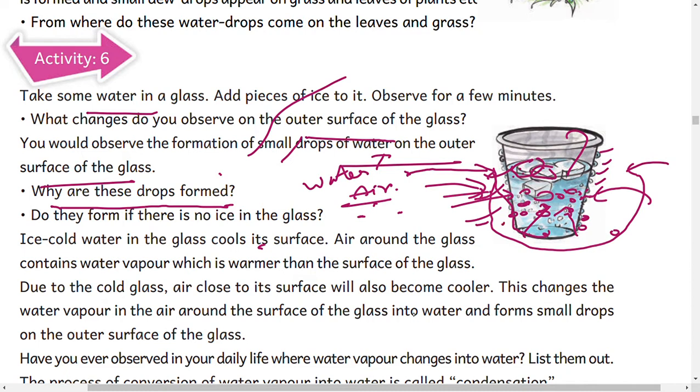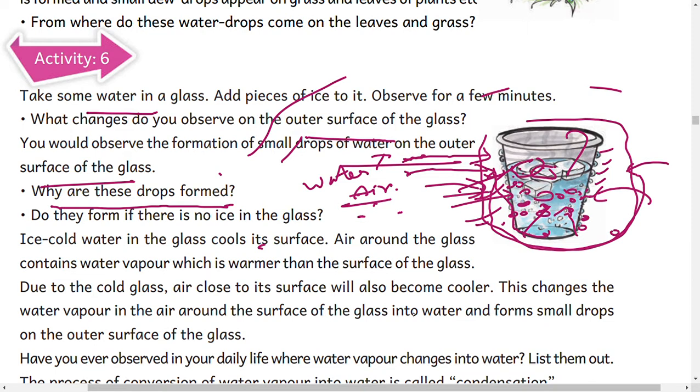So these ice cubes provide a lower temperature around the surface of the glass compared to the remaining places. That's why the water vapor present in the atmosphere comes near the lower temperature, gets cooled and forms tiny water droplets.